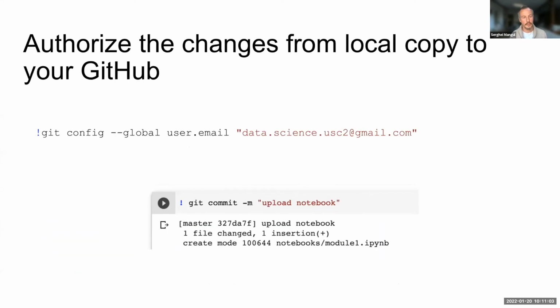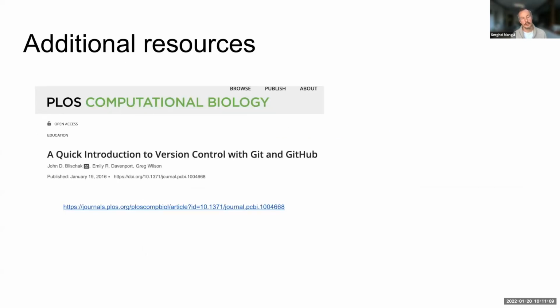You need to do some configuration. Again, that's something you will do with the TAs. If you want to understand more about why version control with GitHub and Git is important, there is a good education paper in PLOS Computational Biology.